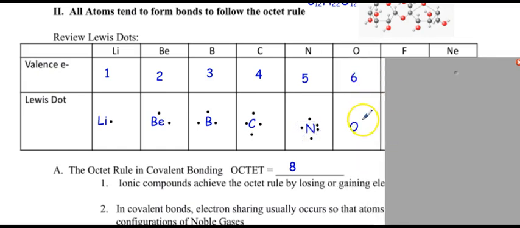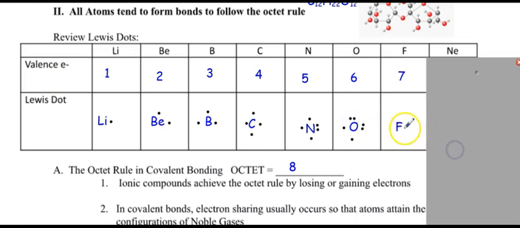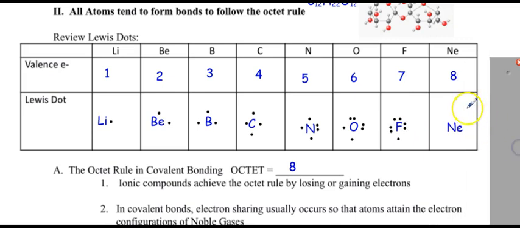Oxygen has 6. 1, 2, 3, 4, 5, 6. Fluorine has 7. 1, 2, 3, 4, 5, 6, 7. And neon has 8. 1, 2, 3, 4, 5, 6, 7, 8. Okay, hopefully you remember doing that.